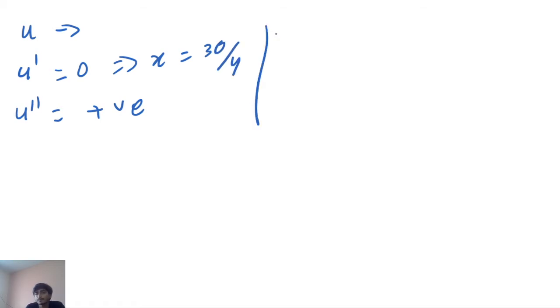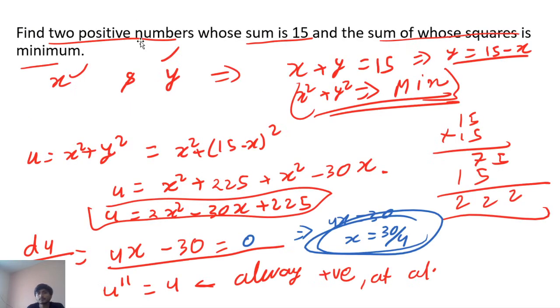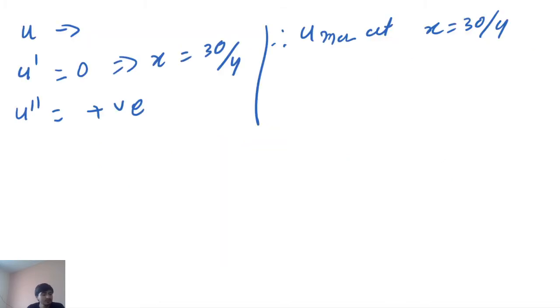Therefore u is extremal at x equal to 30 by 4. Is it clear? Now since they have not said anything about whether it is an integer or any other number, we can find u at x equal to 30 by 4.